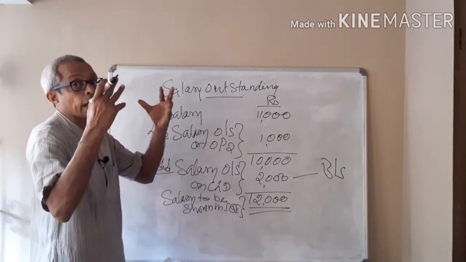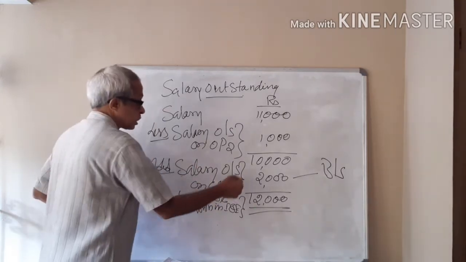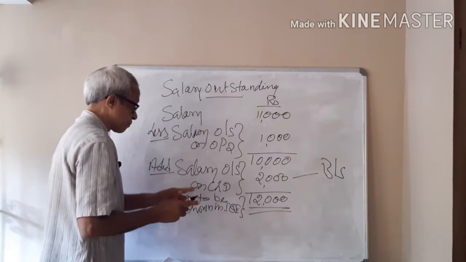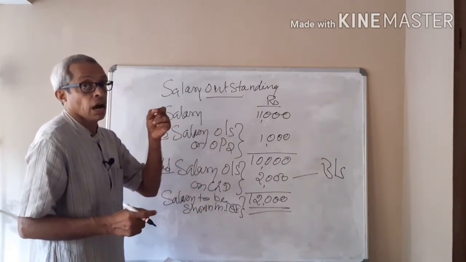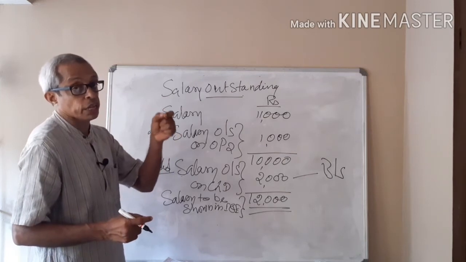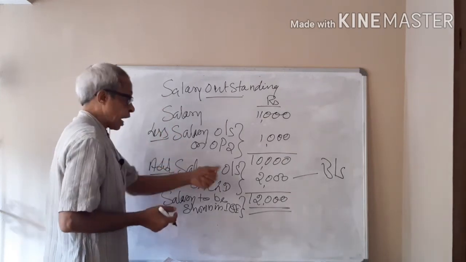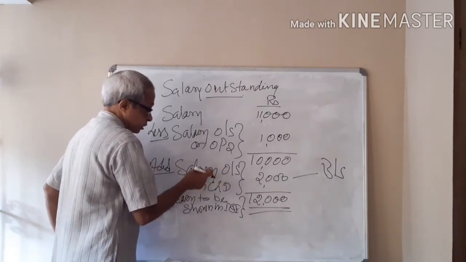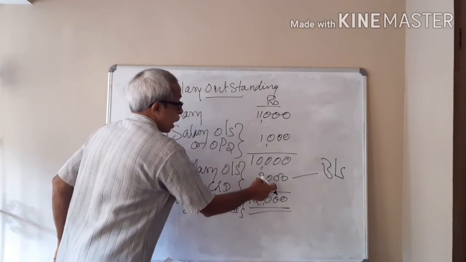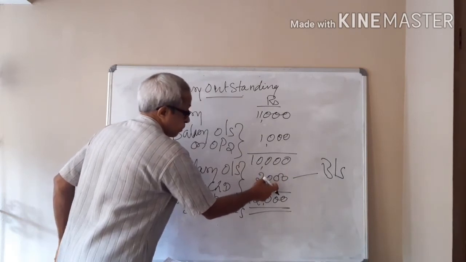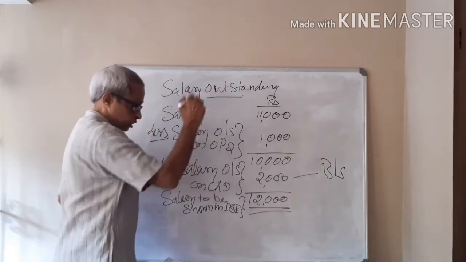That is the total expenditure of salary of the current year, 12,000. That figure may be shown on the expenditure side of income and expenditure account, and the closing date salary outstanding figure may be shown on the liability side of the closing date balance sheet.